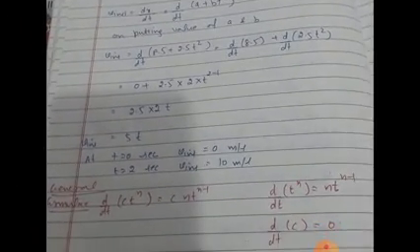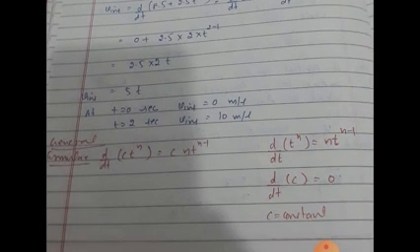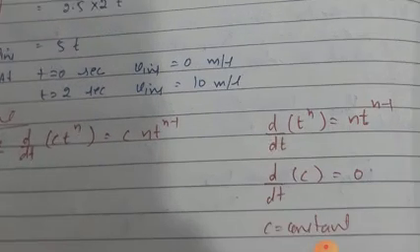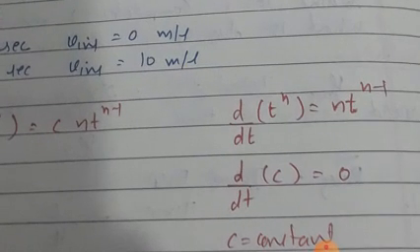So here I have written some of the general formulas corresponding to differentiation. The first one I had discussed with you. The second one we have used: d/dt of c, where c is a constant term, is equal to 0. We have used this formula also in our numerical.